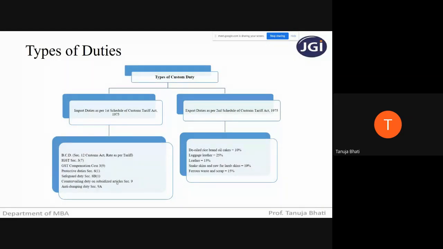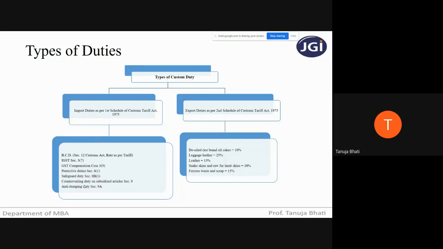Is this clear, students? And what will be the period of this countervailing duty? The period for which this duty will be in force will be 5 years.